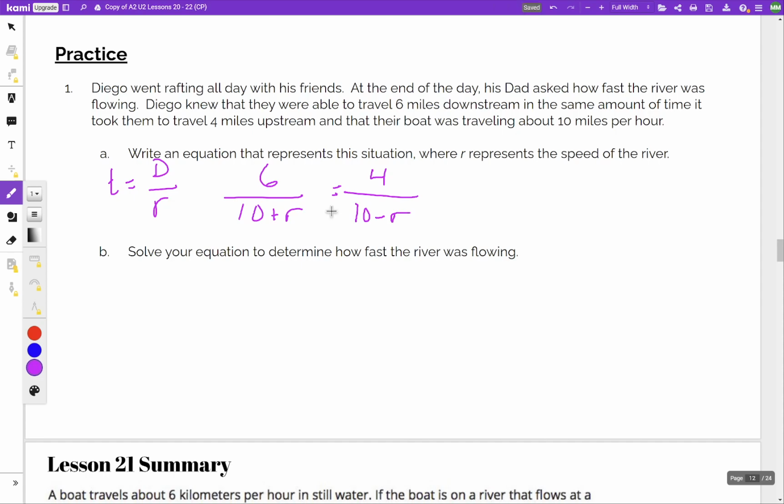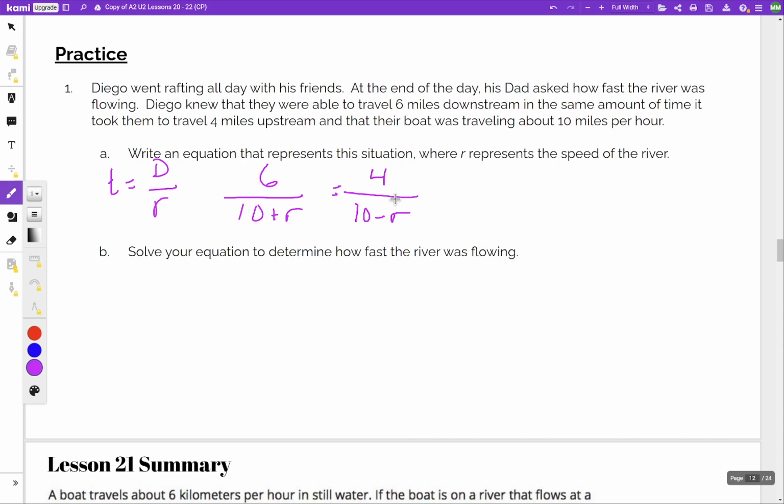A good way to remember how this works is you're given two mileages. The mileage downstream will always be higher than the mileage upstream because you're going faster. So the bigger number will be over the rate plus r, and the smaller number will be over the rate minus r.